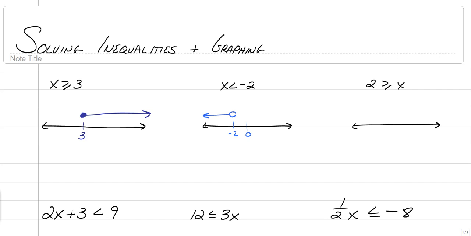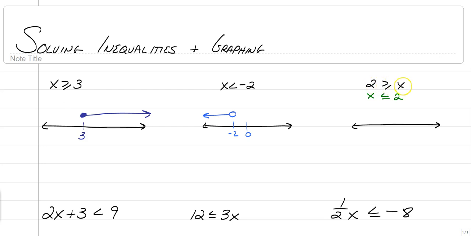So finally, the last one says 2 is greater than or equal to x. Now, when the number comes first, you have to think of it in reverse order. So if 2 is bigger than x, that means that x is smaller than 2. It's easier to graph an inequality if you have x first, because then your arrow will point the same direction as your inequality sign.